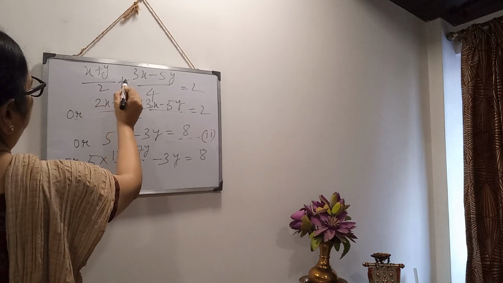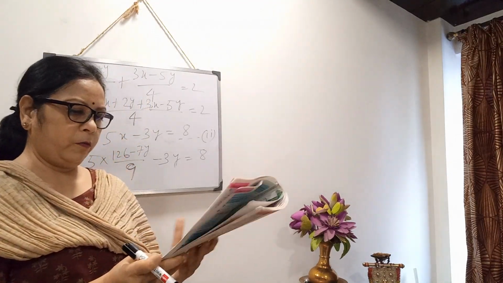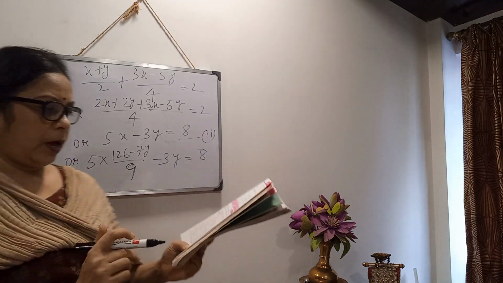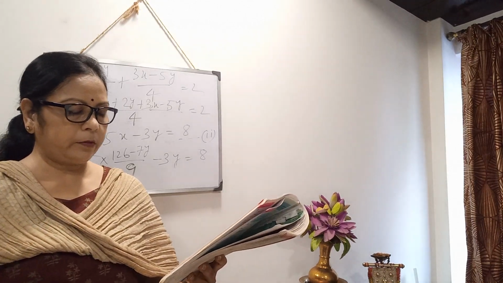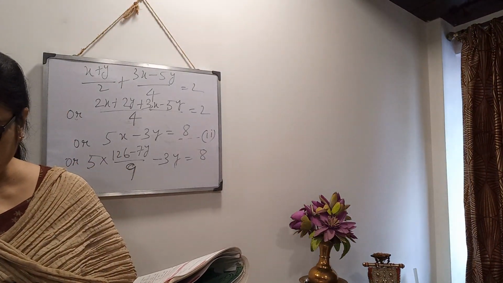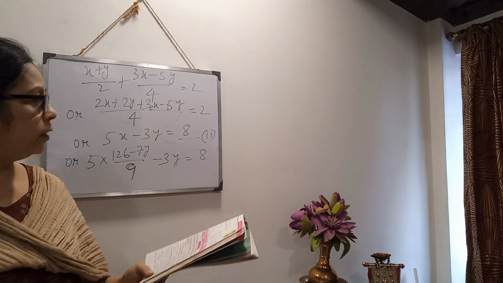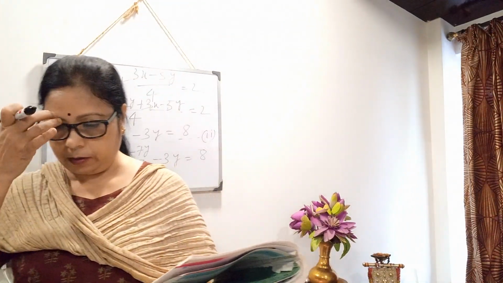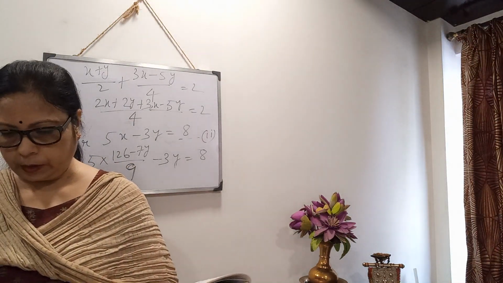Here what I have done from equation 1, x by 14 plus y by 18 equals to 1, I had taken the LCM, then I got the equation 9x plus 7y equals to 126, and from there x equals to what I have written. Clear? Then I have to put this value in equation number 2.